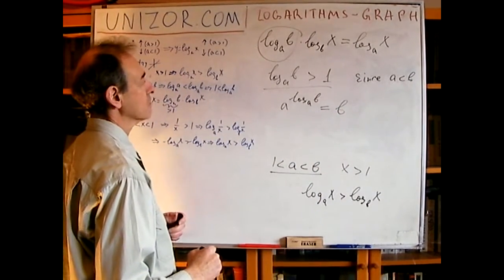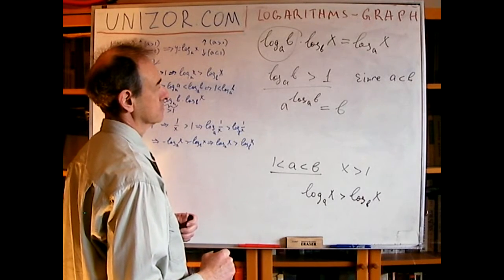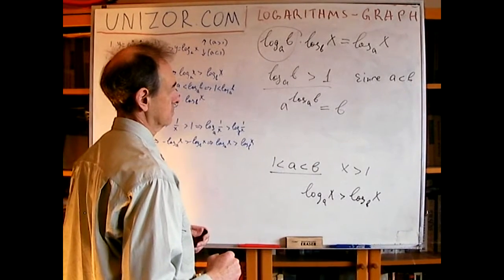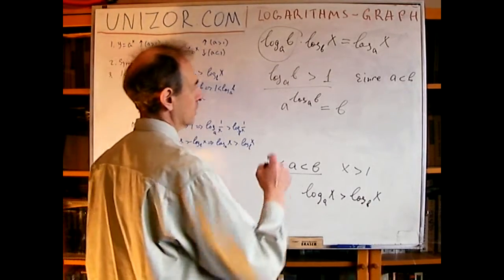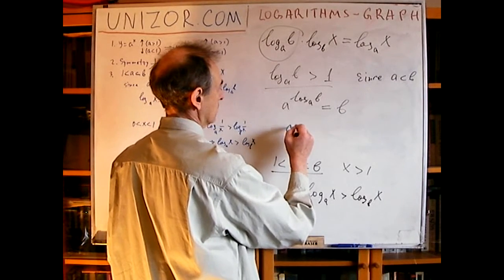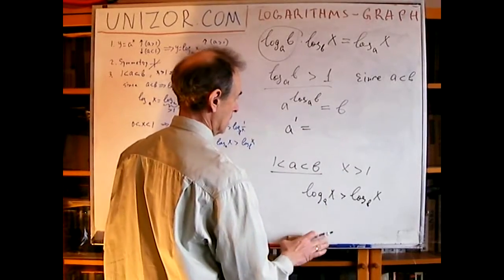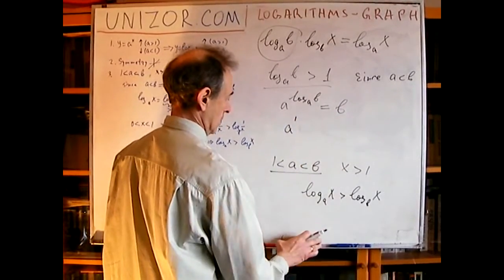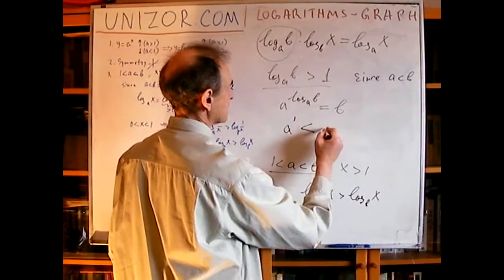Because that's the definition of the logarithm. So what we can say is a to the first power is less than b, and b I will represent as this one.